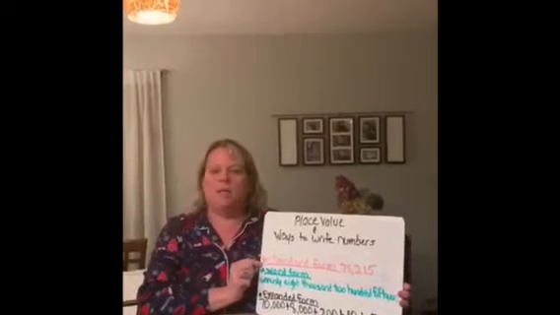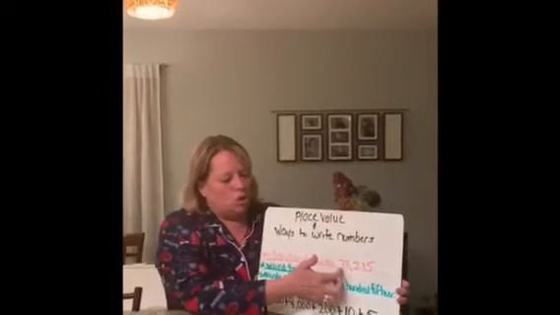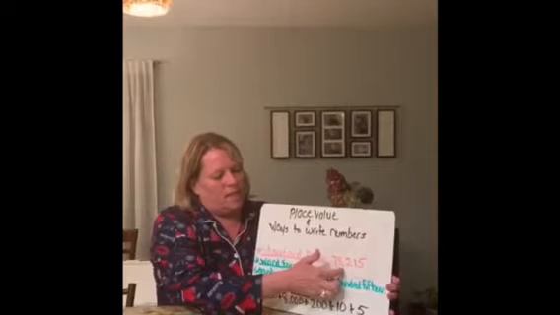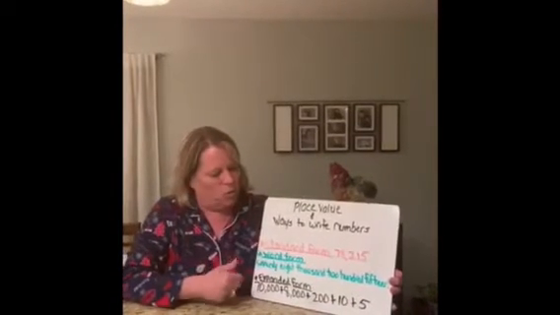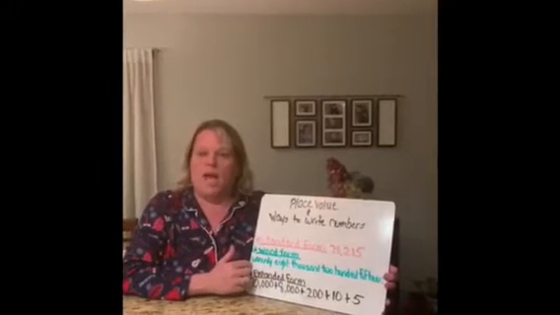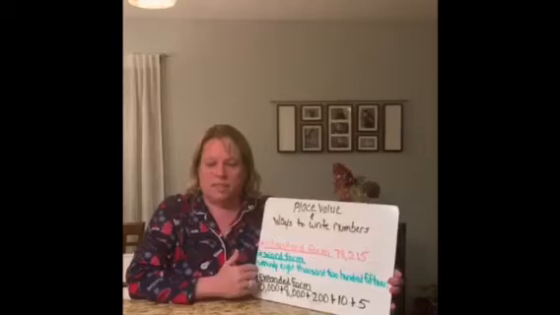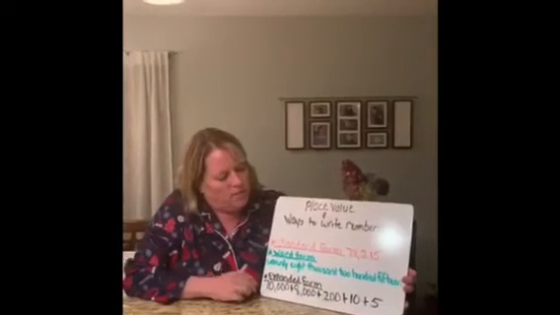There are 3 ways to write numbers. We have the standard form, which is just the numbers themselves, 78,215 in standard or number form. We have word form, where we use the actual words instead of numbers, 78,215.